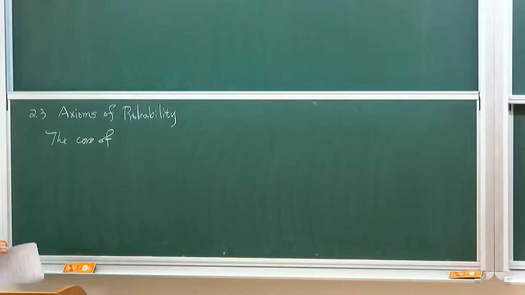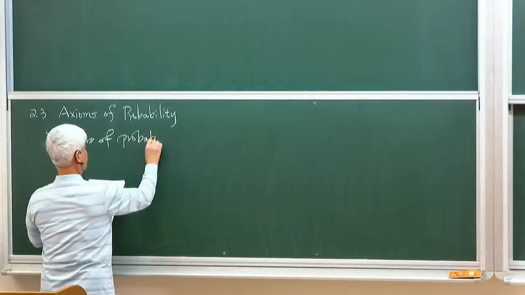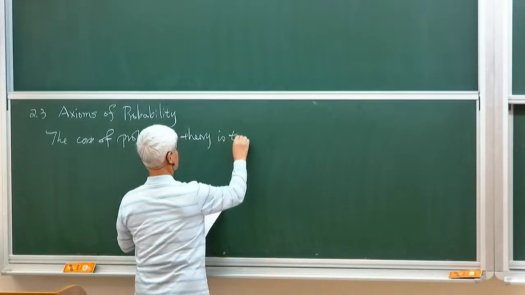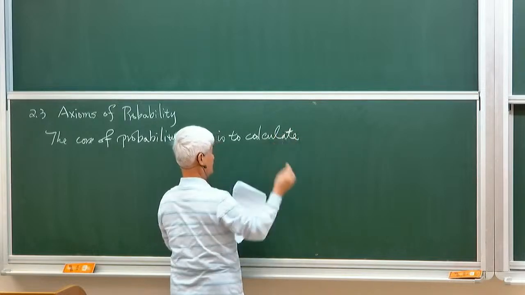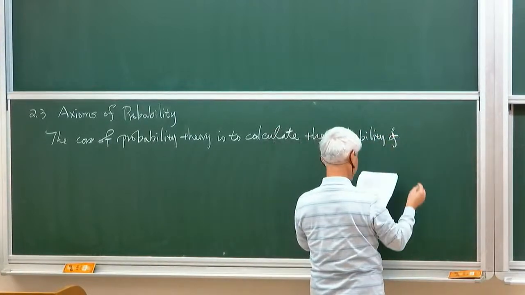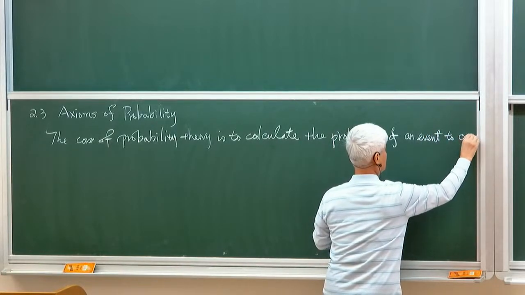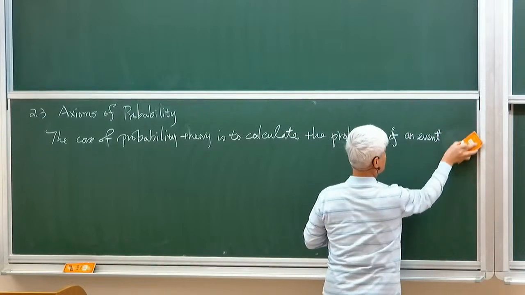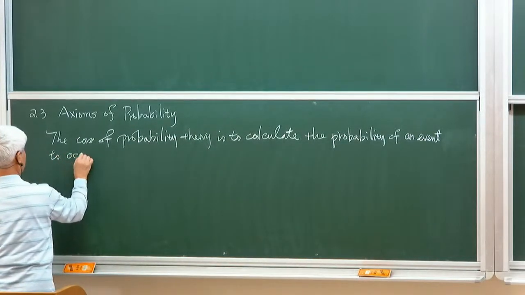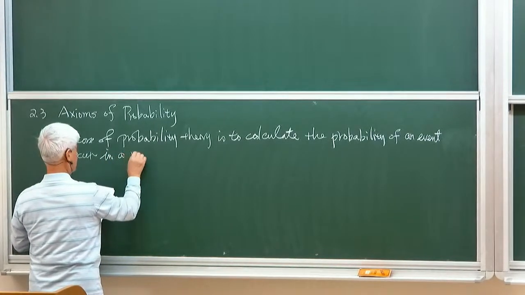The core of probability theory is to calculate the probability of an event to occur in a random experiment.